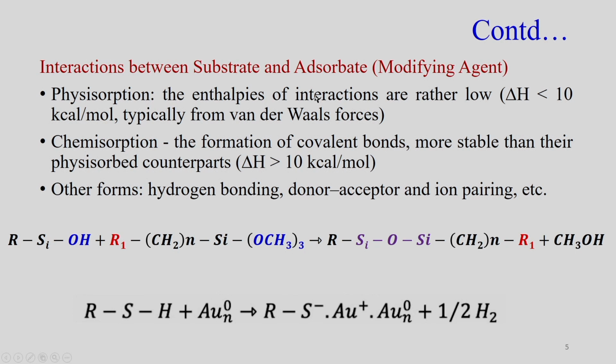In physical adsorption, typically there will be van der Waals forces, and the enthalpy will be less than 10 kilocalorie per mole. Chemical adsorption means typically the formation of a covalent bond. This is much stronger, and this delta H will be higher than 10 kilocalorie per mole. Other interactions may be hydrogen bonding or ion-ion interactions.